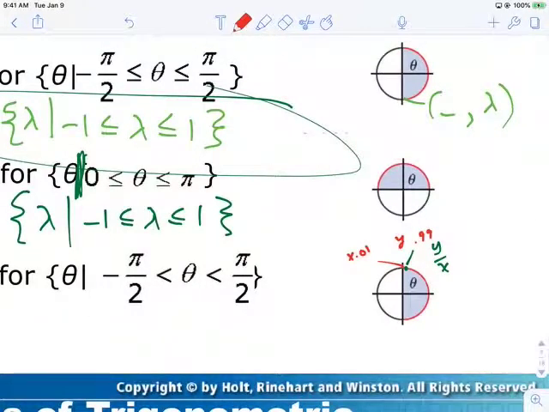You probably believe me, hopefully, after that. Tangent can go anywhere. Tangent can be anything. Think about it.